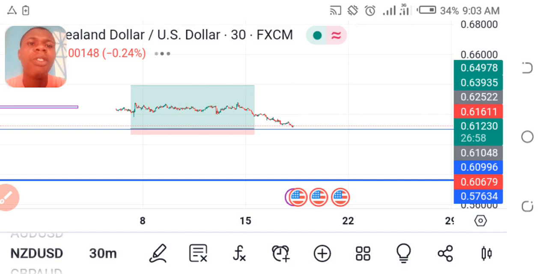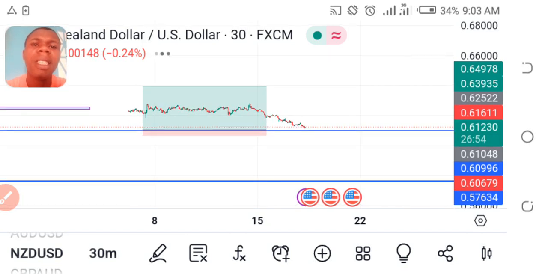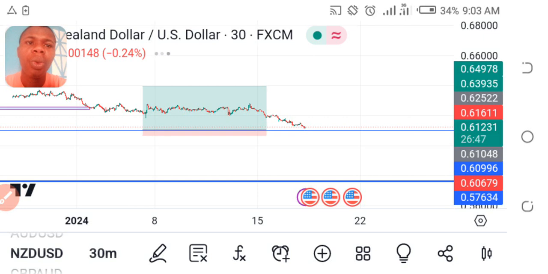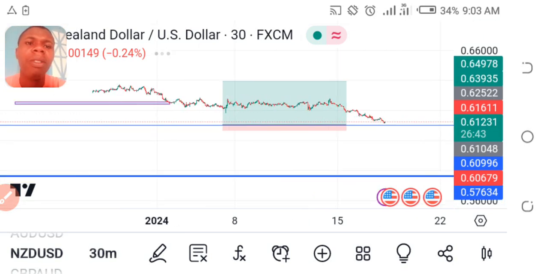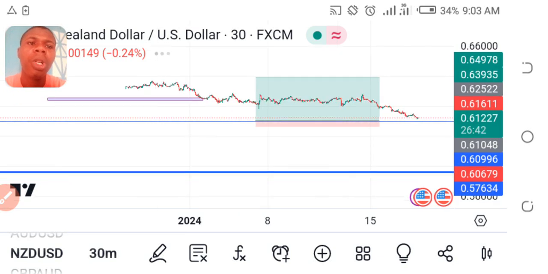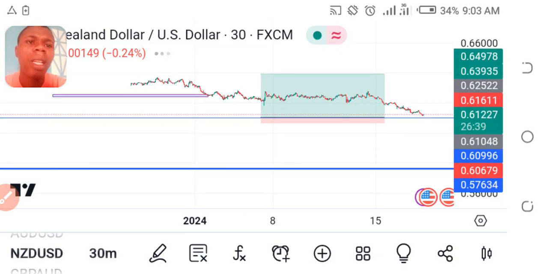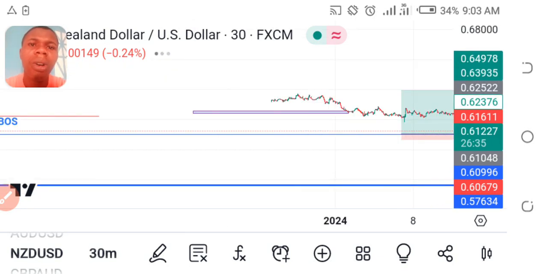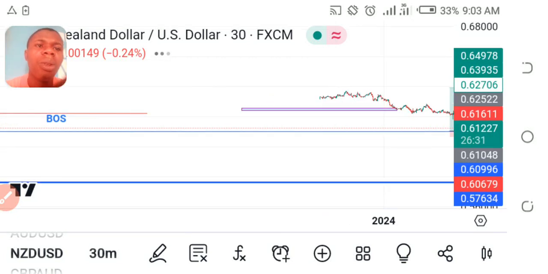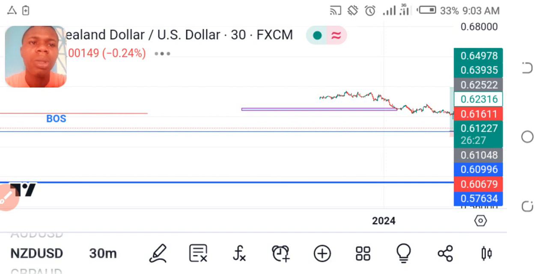But looking at it from this 30 minutes, it seems as if the market is actually bearish, but it's not. It's actually bullish. So we like to buy off of higher time frame. Understanding what price is doing gives you a better edge, so you are not confused. Somebody here might be thinking the market is actually bearish, but it is not. It's actually bullish. All the market is doing is just trying to tell us that we are going up, but with this many candles here it shows as if we are bearish.